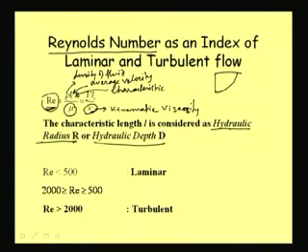And obviously, if other things remain the same and the flow velocity is more, you can have more turbulence. So considering all these aspects, the Reynolds number is used as the index for indicating whether the flow is laminar or turbulent.